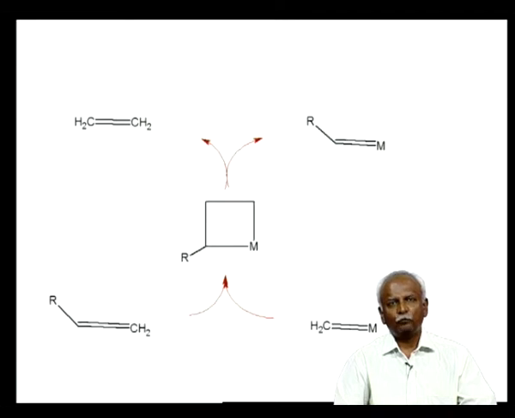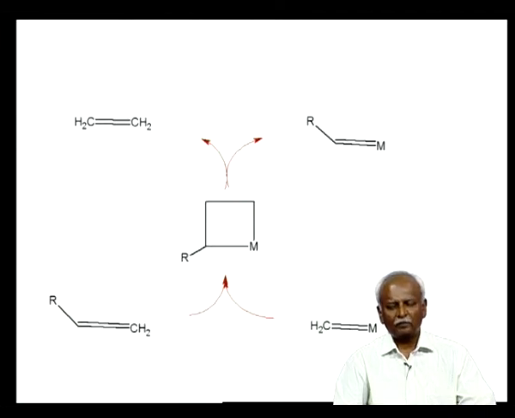Now, imagine the formation of a metallacyclobutane, and this metallacyclobutane can now ring open in 2 different ways. If it ring opened in the way in which it formed, it would end up with the formation of the same materials as a starting material, which means it would end up with only the starting olefin. On the other hand, it can also undergo a ring breakage in a slightly different fashion.